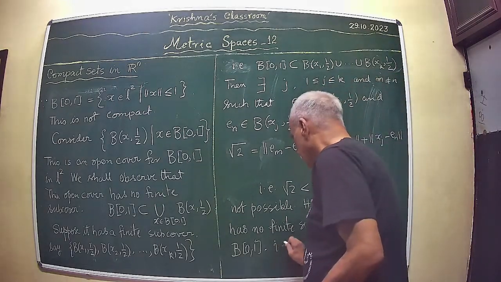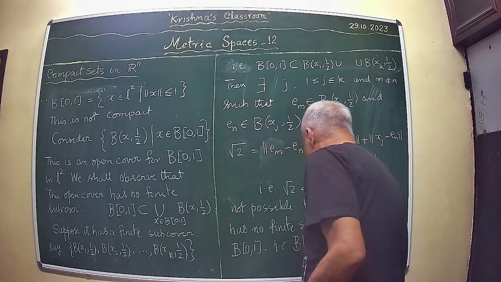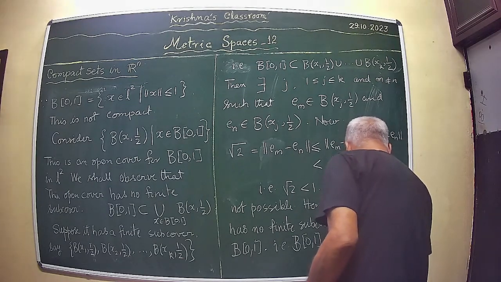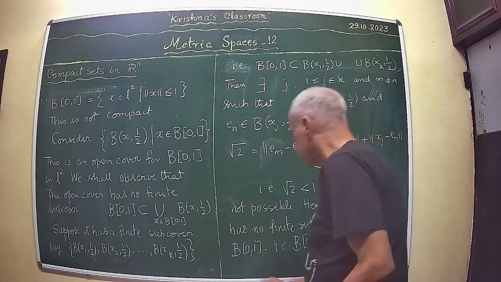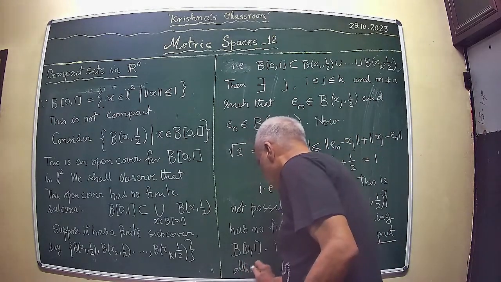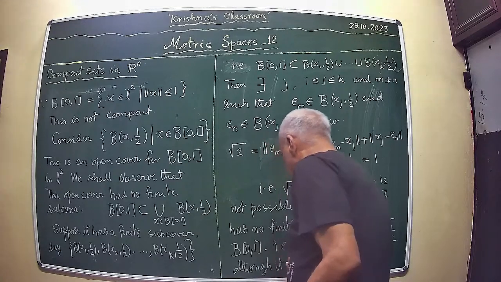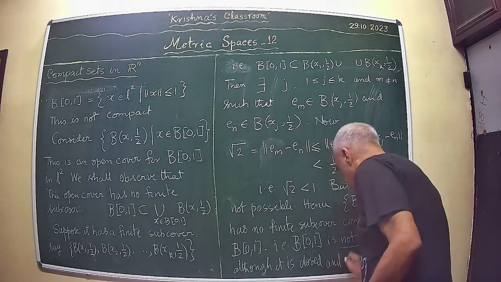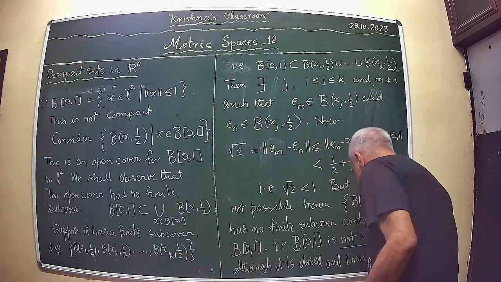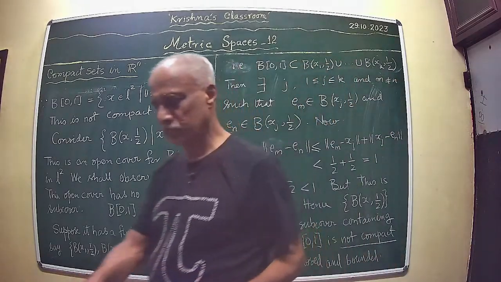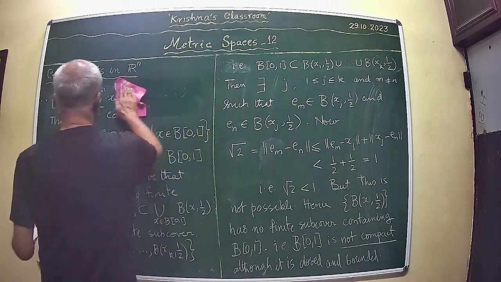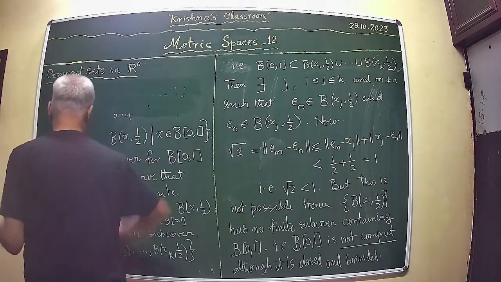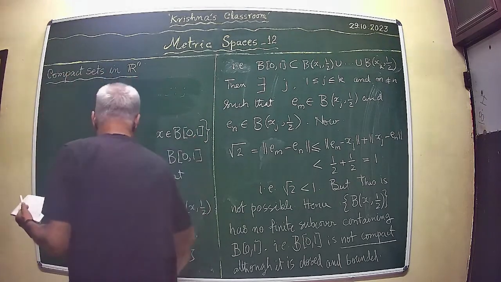That is, B[0,1] is not compact, although it is closed and bounded. So that's an example where closed and boundedness fails to imply compactness.